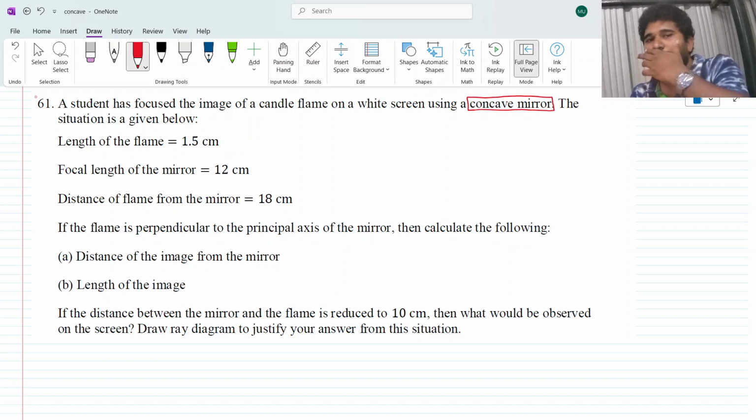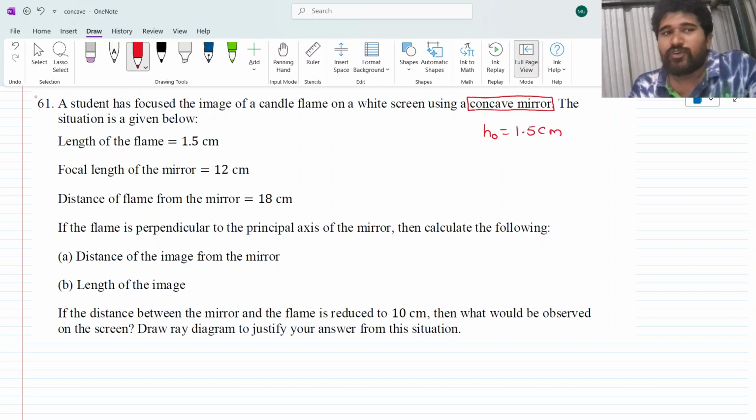Concave mirror. The situation is given below. Length of the flame, that is nothing but height of the object. How much is that? 1.5 centimeter. Flame is our object because we are going to see its image.